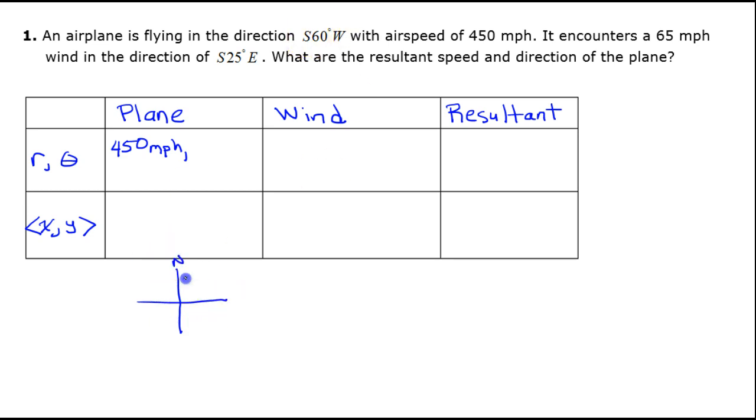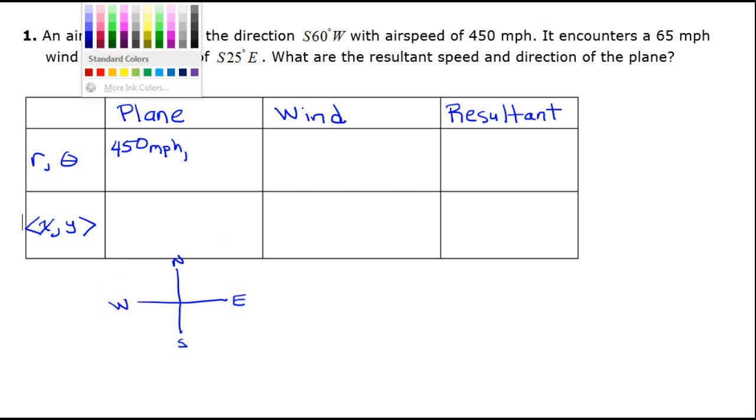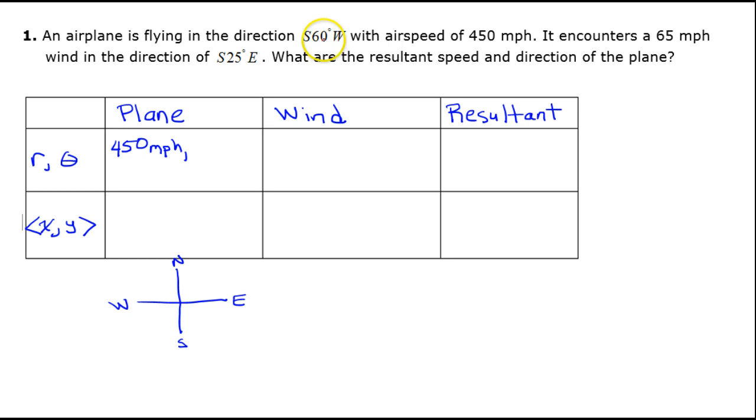All right, of course this is north, south, east, and west. South 60 degrees west means start at south and then turn 60 degrees towards the west. So this is 60 degrees, and that's where the vector should be.